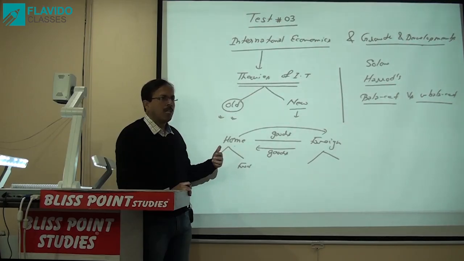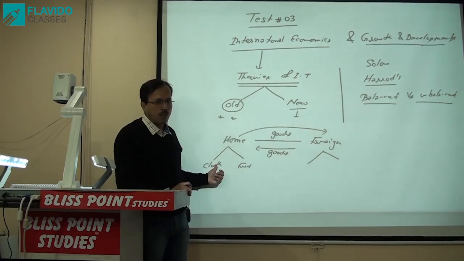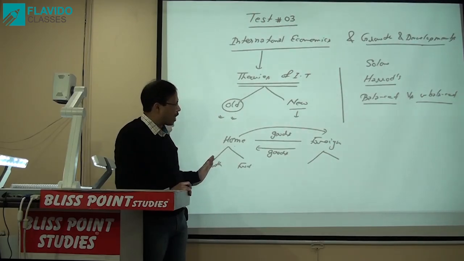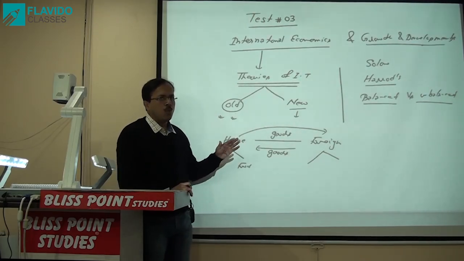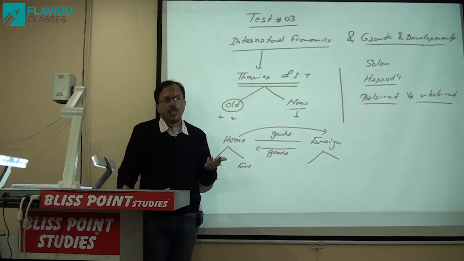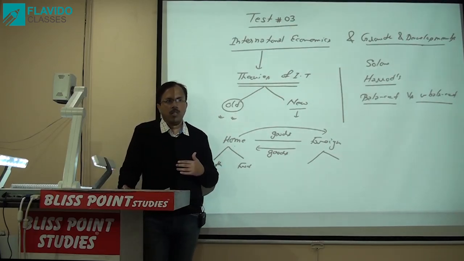So obviously the home country will have a comparative cost advantage in producing cloth, and will export cloth. As the home country exports cloth, in exchange it will import food.